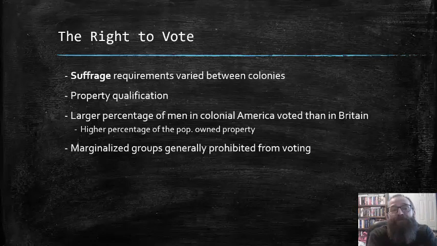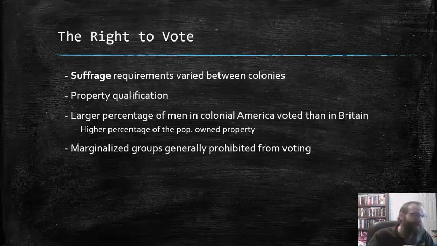Now, a larger percentage of men in colonial America actually voted than did in Britain, basically because a higher percentage of the population actually owned property. Marginalized groups were generally prohibited from voting, and this included African Americans and women, although that too did vary from place to place and from time to time.